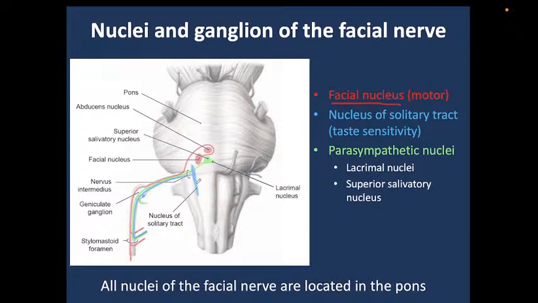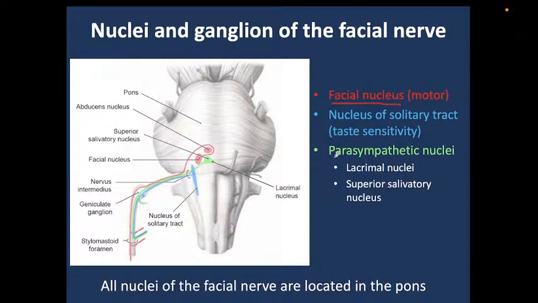Then the long nucleus is called the nucleus of the solitary tract. It is sensitive. It is common for the 7th pair of nerves, as well as for the glossopharyngeal, the nerve number 9, and for the vagus nerve, the nerve number 10.